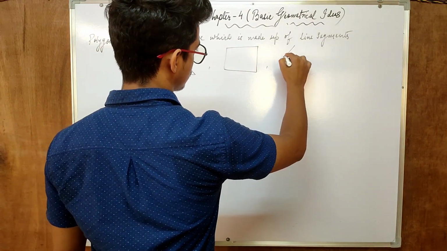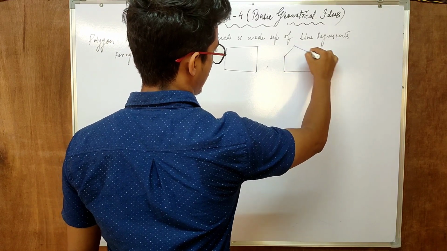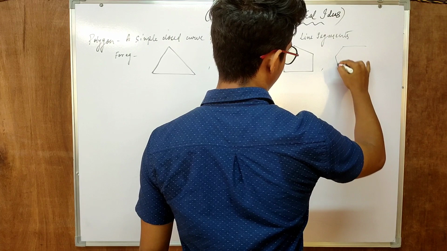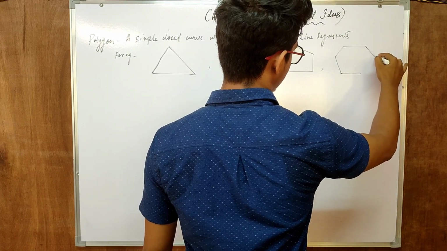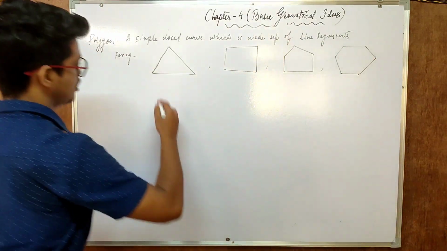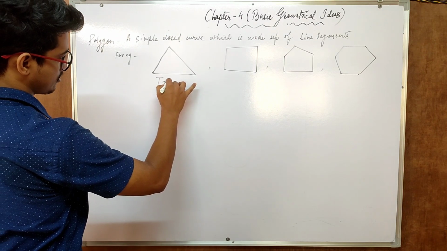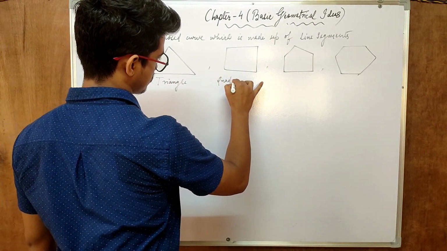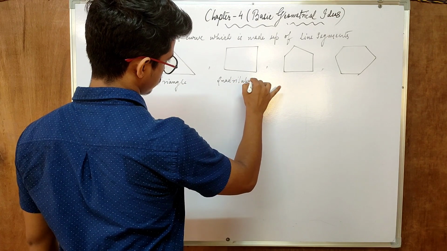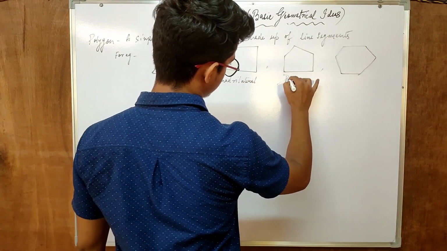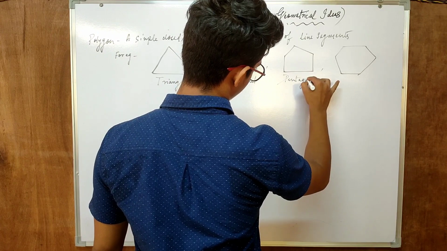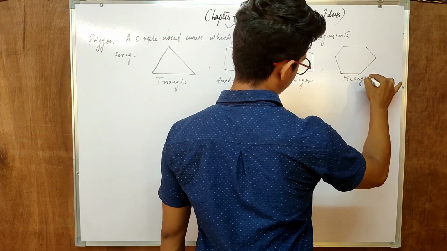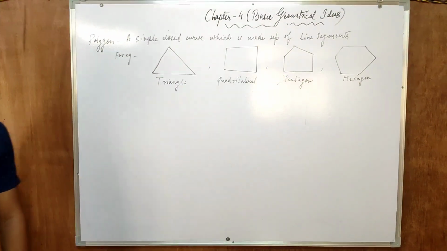This is called a pentagon. This will be a hexagon. Like that, different figures are there. So this is called a triangle, quadrilateral, pentagon, hexagon. Like that it will keep going on. Alright.